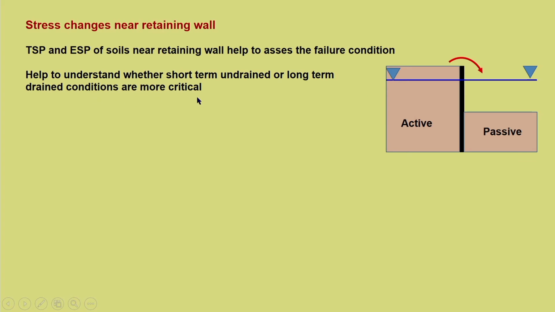Now, by discussing these stress paths in the last lecture and the previous slide, it is very clear that stability is determined either under short term or at long term. Plotting the stress path helps us to understand this much better. Why? In the previous lecture we have seen that with time the effective stress path moved towards the failure line.